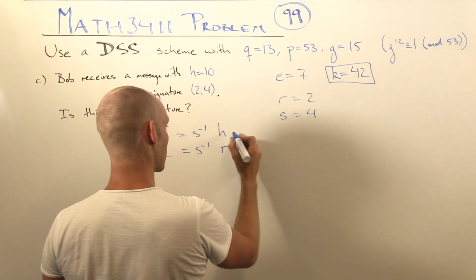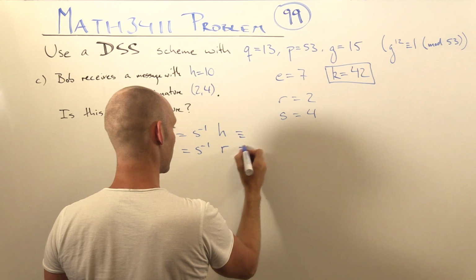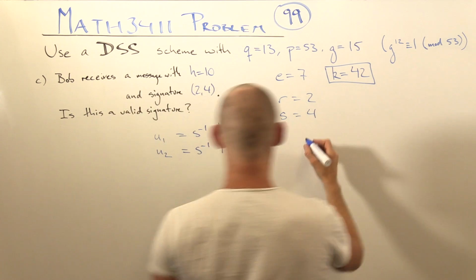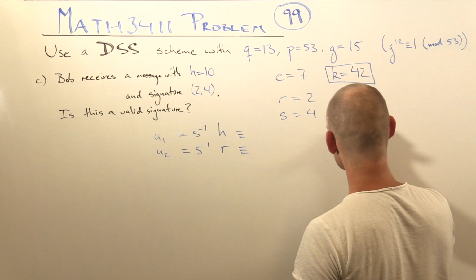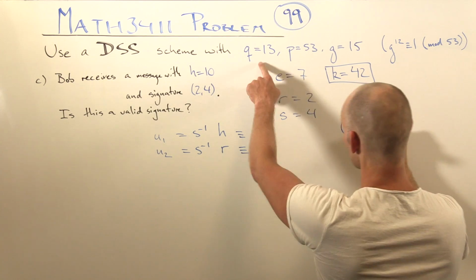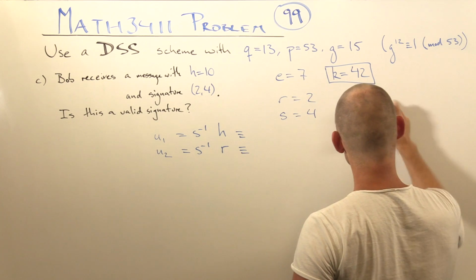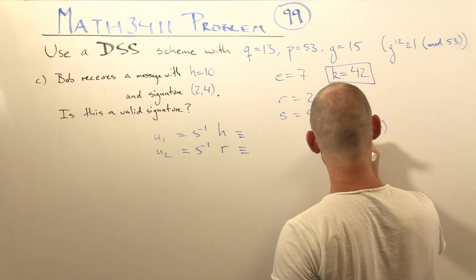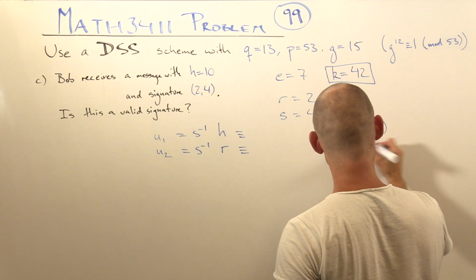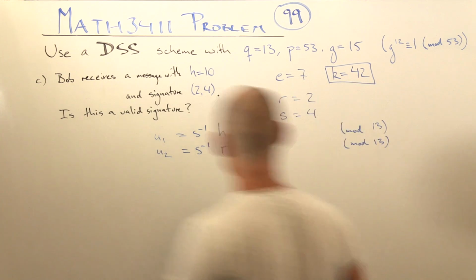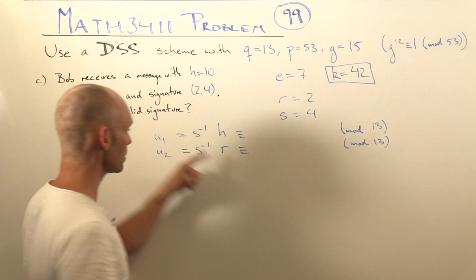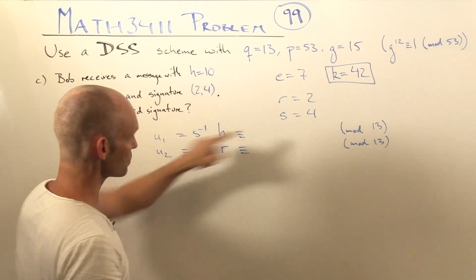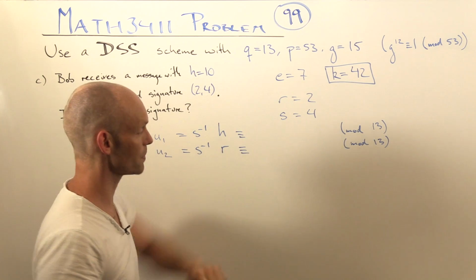Now all of this is mod 13, or in other words Q. So in order to work out what that's equal to, we need to find the inverse of S, which is 4 mod 13.